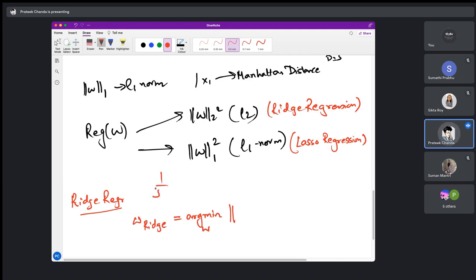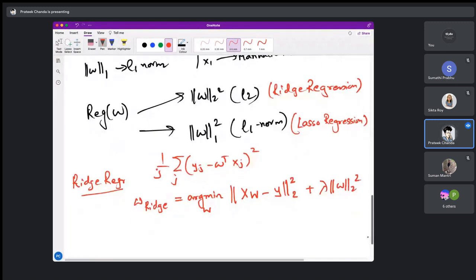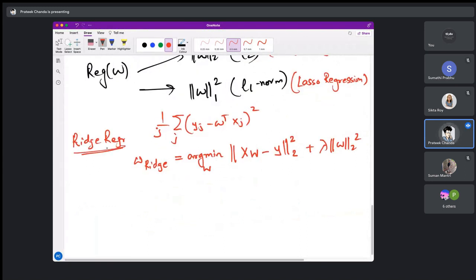We previously had the loss as yj minus w transpose xj squared. Now I can use the matrix notation, which is xw minus y squared, and this is again an L2 norm, because we defined it as the L2 least square loss. Plus I add lambda times the L2 norm of the weight vector W, and hence it's called ridge regression.